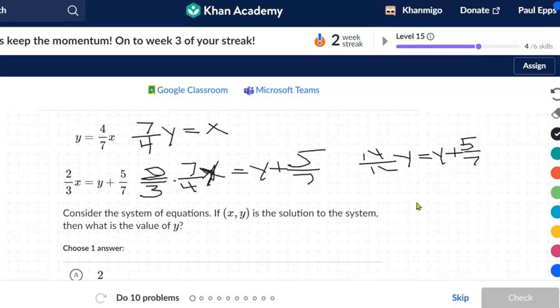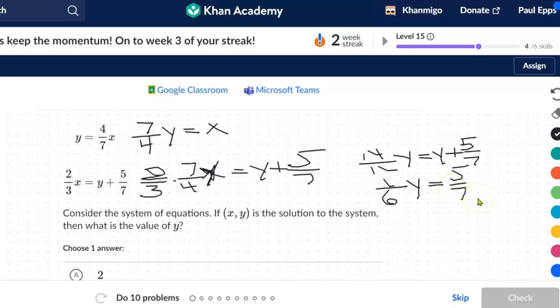Subtract y from both sides. So 14/12, if we subtract 12/12, we would get 2/12. What we would actually get is 1/6 y equals 5/7.